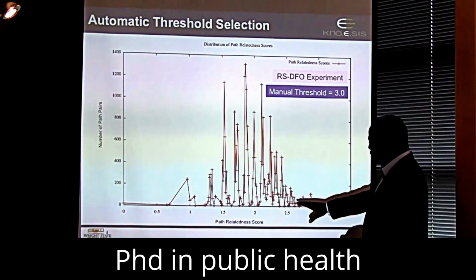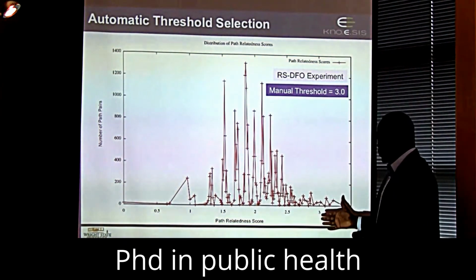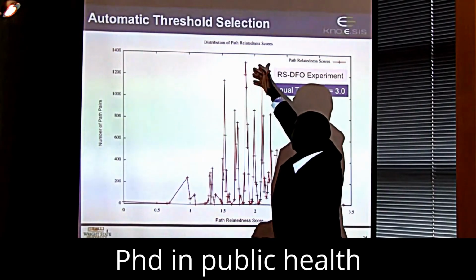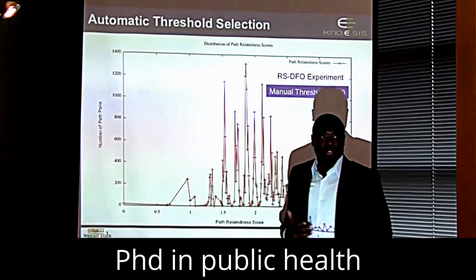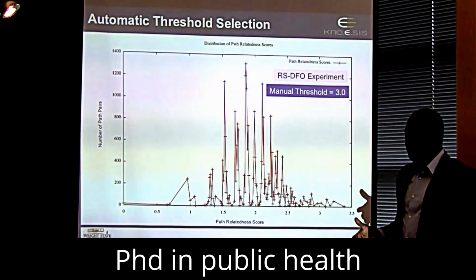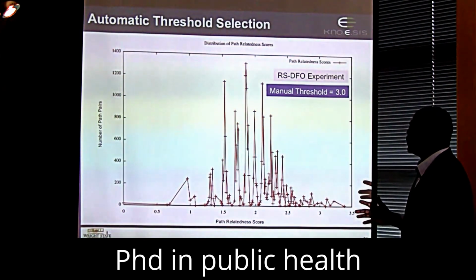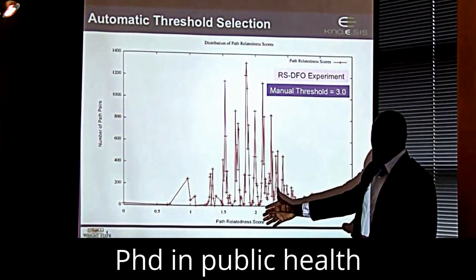But what I'm seeing here is that around 1.75 or so of relatedness score, I have about 1,300 or so pairs of paths. 200 by 200 would be about 40,000 path pairs. So 1,300 or so of those, this seems to be like a mean value, it almost looks like, right?